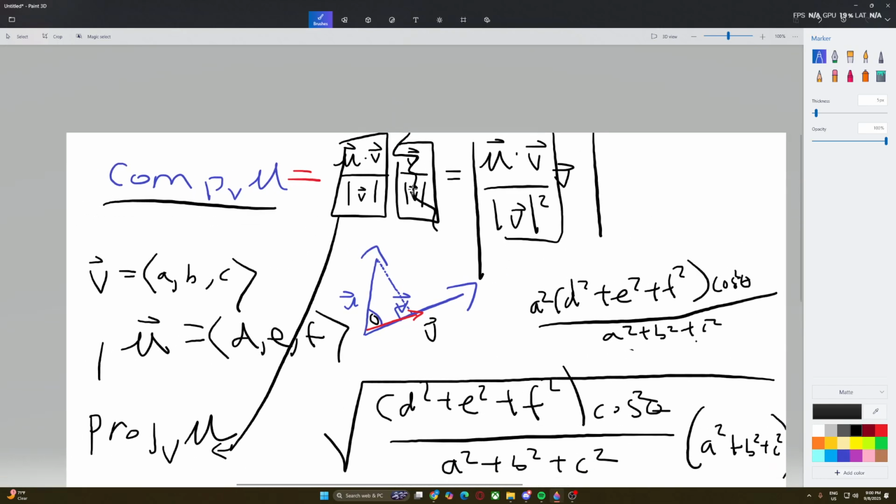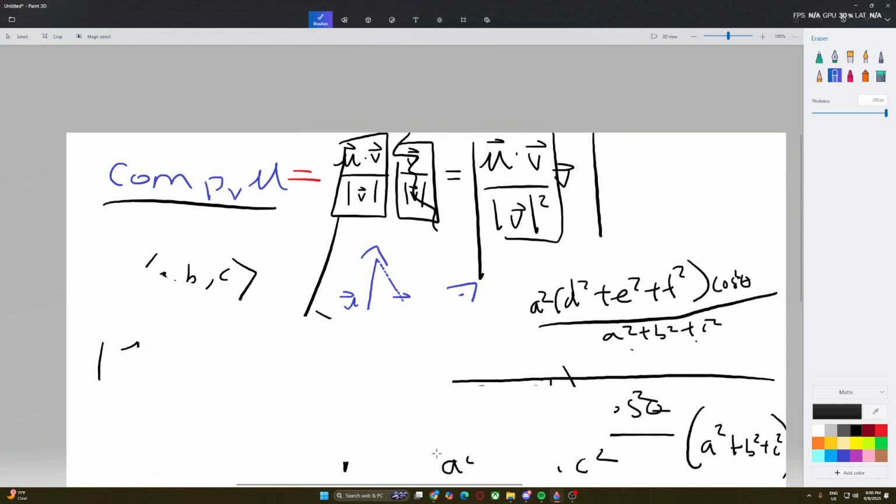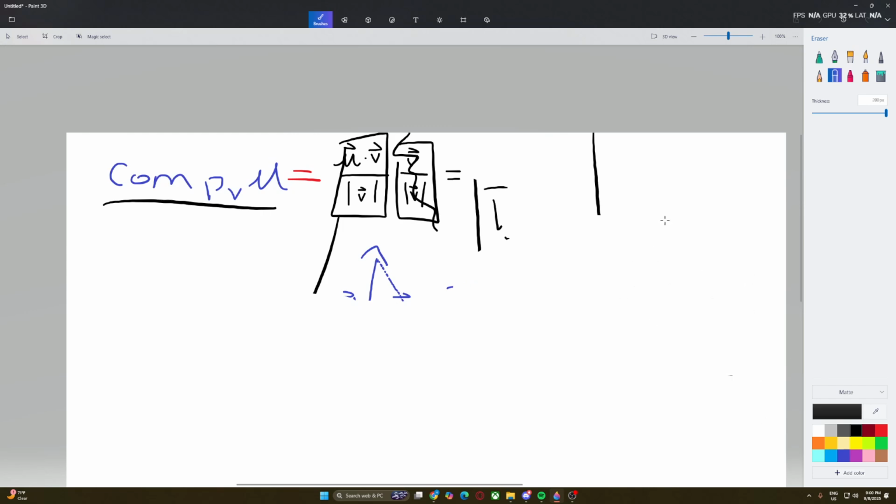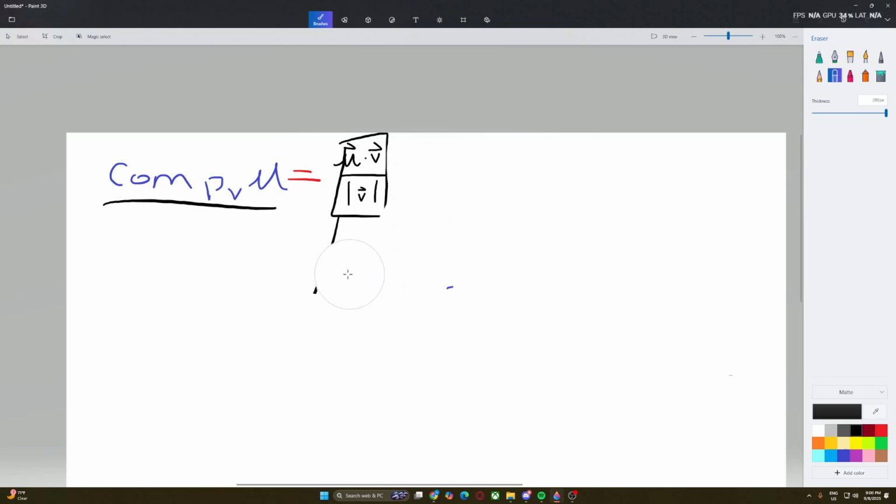So, I just want to go back to something I was talking about last time. I said this is the scalar projection, not the vector projection, in this equation right here. If you were to simplify this equation, you get u v cos theta over v.